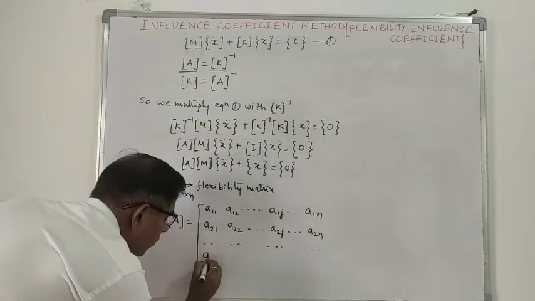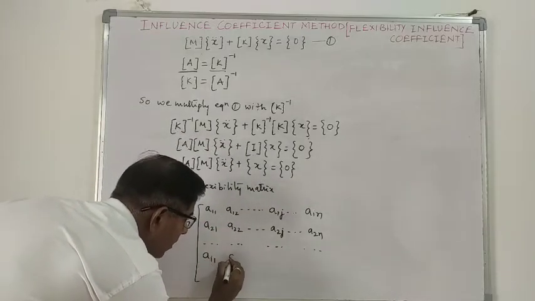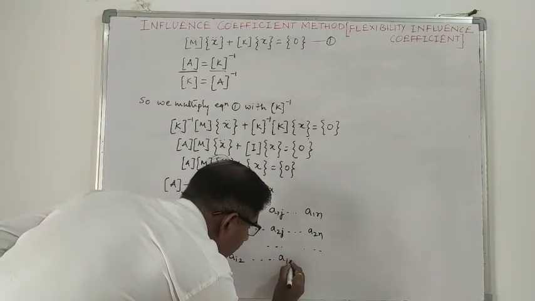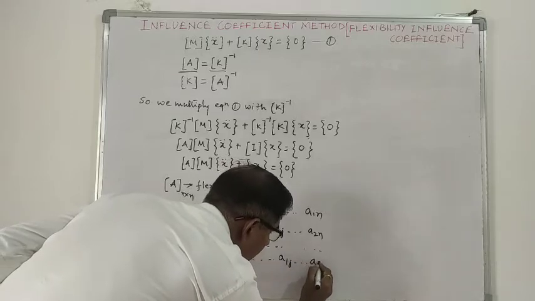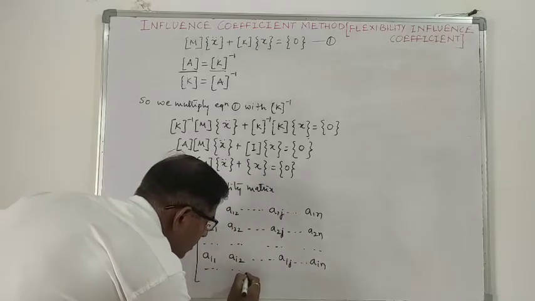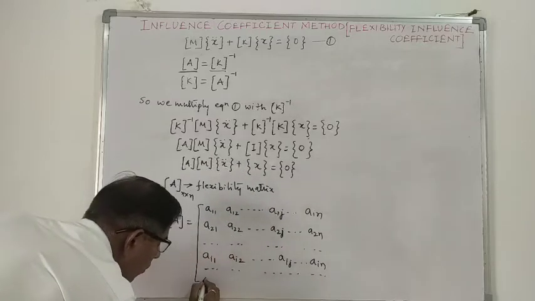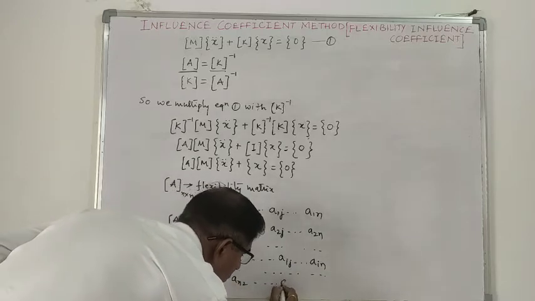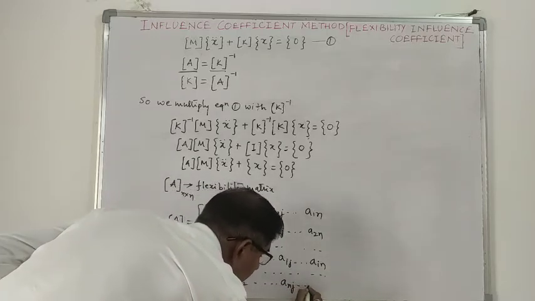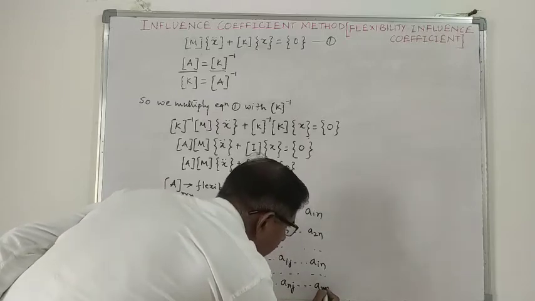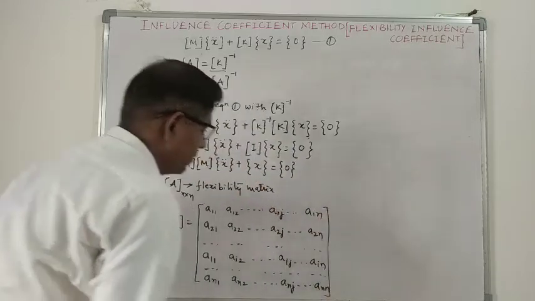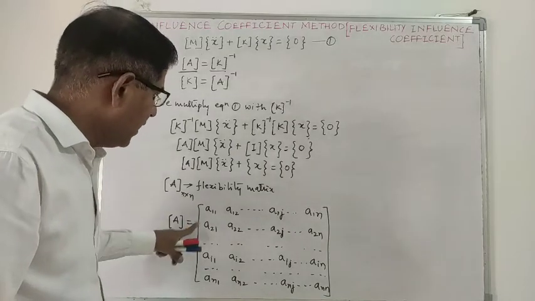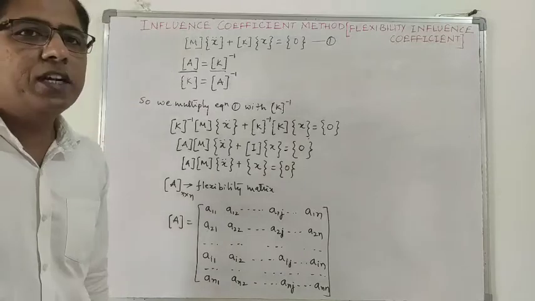Then up to AI1, AI2 up to AIJ up to AIN, and the last row AN1, AN2 up to ANJ and ANN. So this is the influence coefficient of the flexibility matrix.